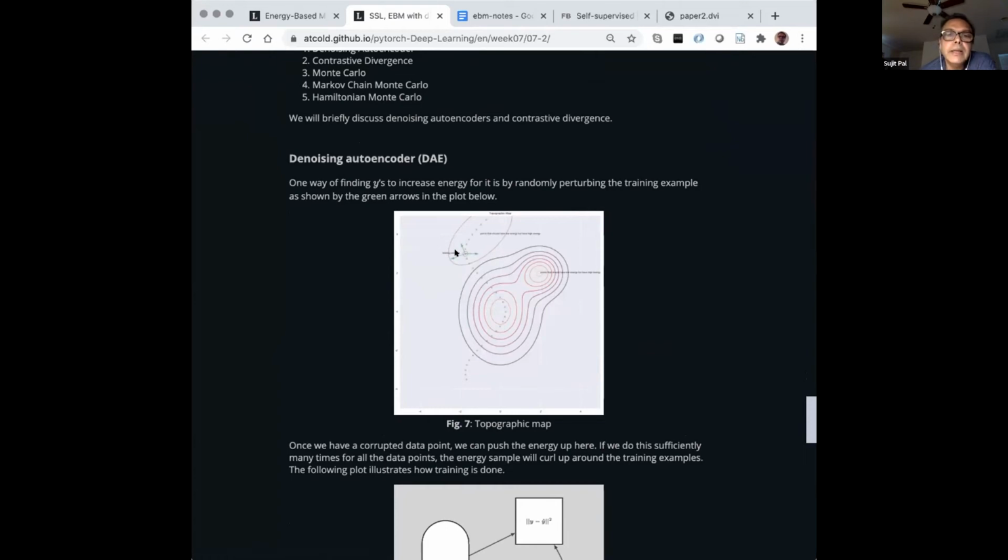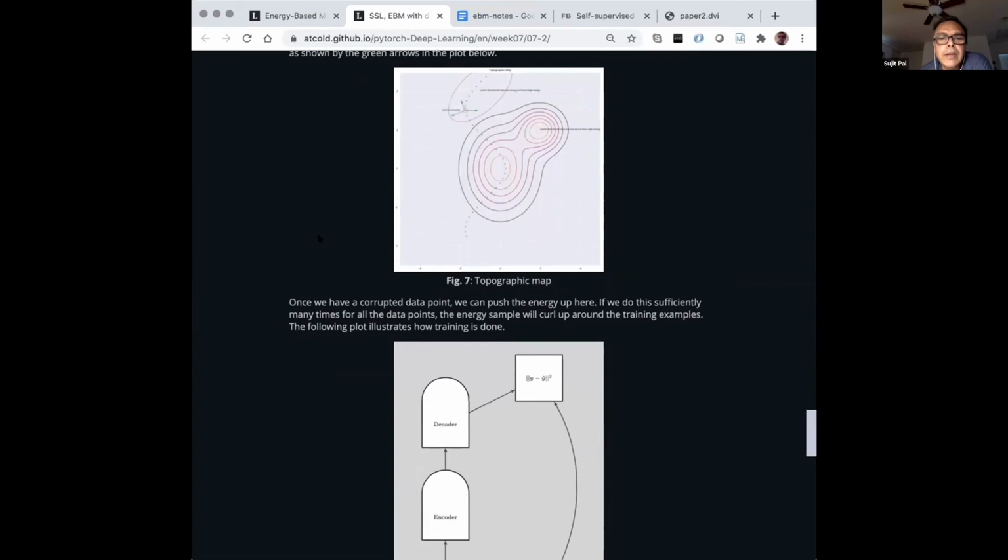And anywhere where you perturb them, you say, okay, this is a region of high energy. So as you move this around, you're creating local high energy areas, and over time, you create this massive valley sort of formation, right? That's how the denoising autoencoder works, intuitively.